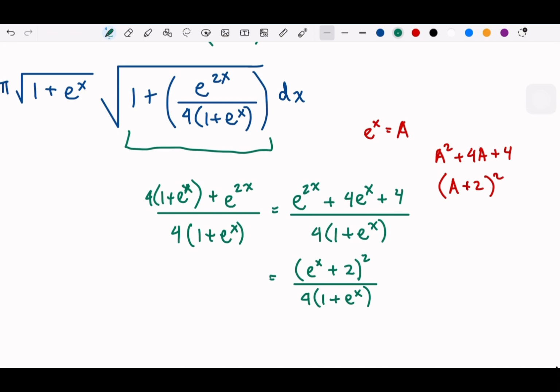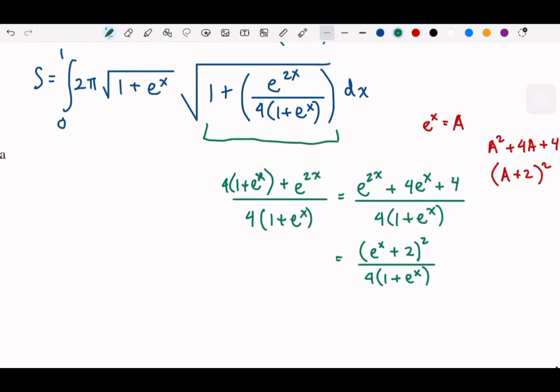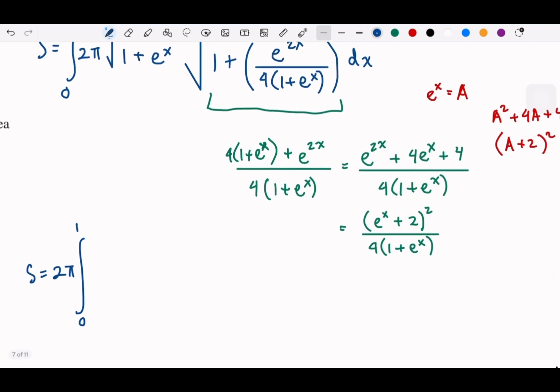Okay, now we can finally write down the whole thing, and then we can remove the square root. So 0, 1, and then 2 pi, or maybe let me write 2 pi outside. So we have square root of 1 plus e^x, and then the big square root.